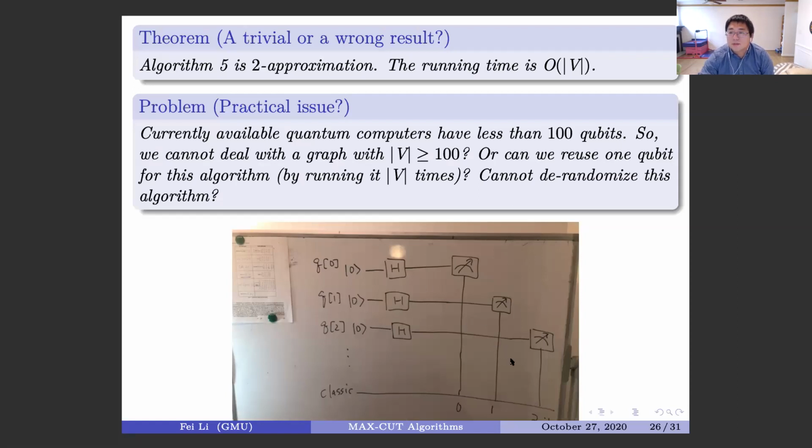There's nothing fancy here. Whenever you measure it, based on the value, you determine whether to put that vertex into U or W. Okay, I was wondering if maybe it makes more sense to, well, no, I'm just recreating the classical algorithm, the quantum circuit, never mind.